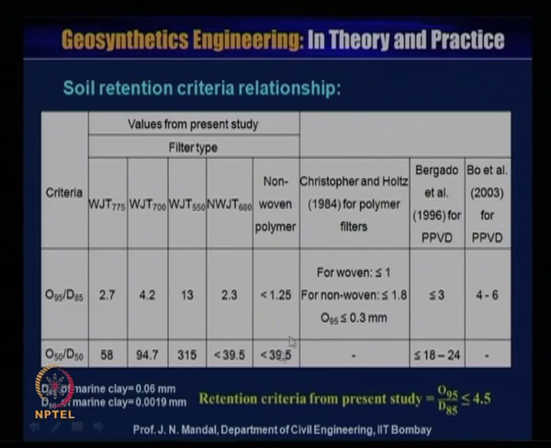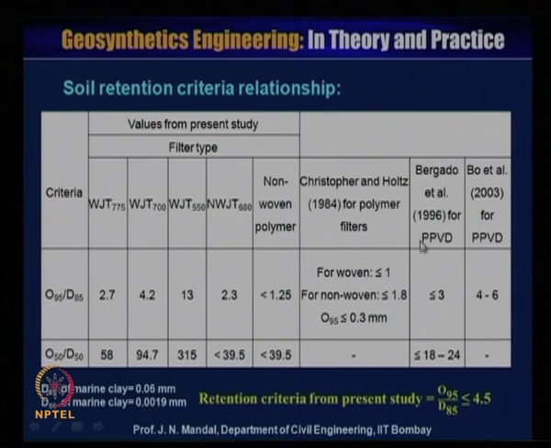Here, Christopher and Holtz 1984 for polymer filter material found that for woven it should be less than or equal to 1, for non-woven less than or equal to 1.8, and O95 less than or equal to 0.3 millimeter.